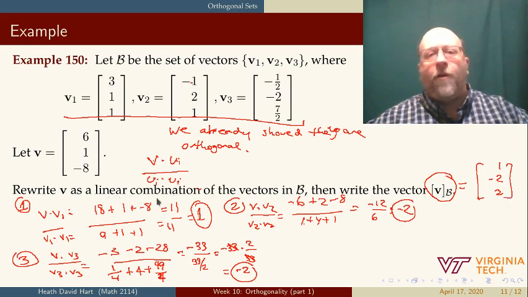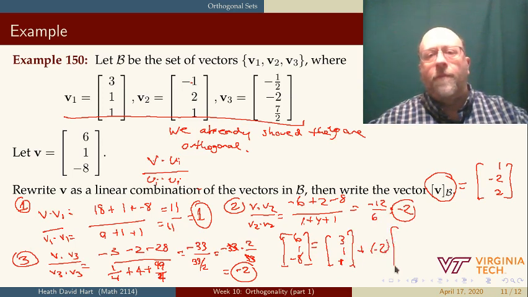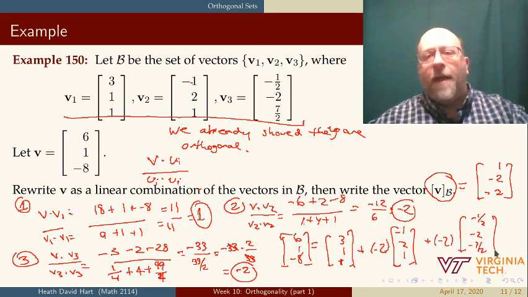And the linear combination is: this is my vector v, 6, 1, negative 8, is equal to 1 times the first vector, 3, 1, 1, plus negative 2 times the second vector, negative 1, 2, 1, plus negative 2, put the negative 2 there also, times the third vector, negative 1 half, negative 2, negative 7 halves. And we can check to make sure that this works.